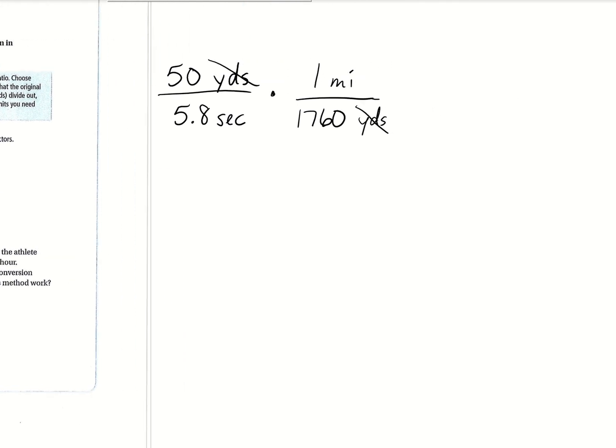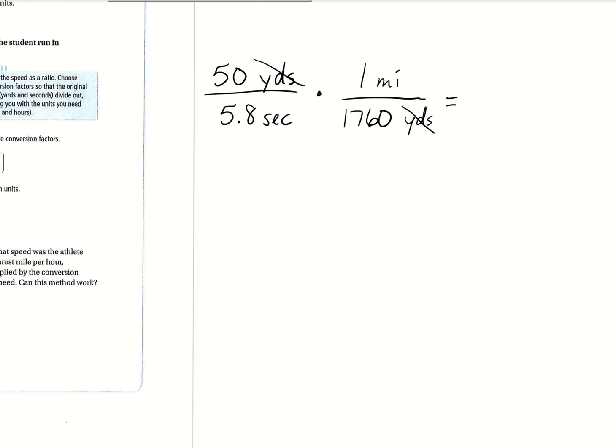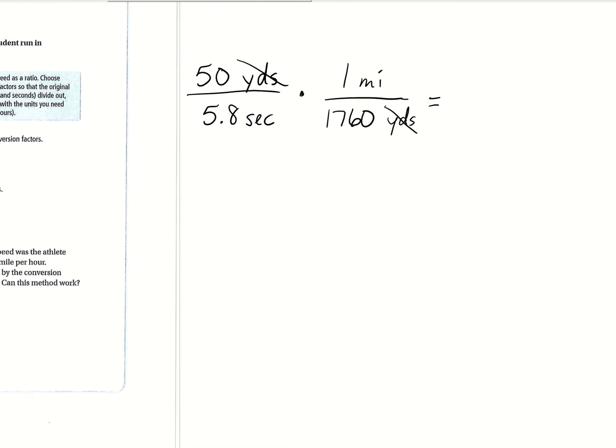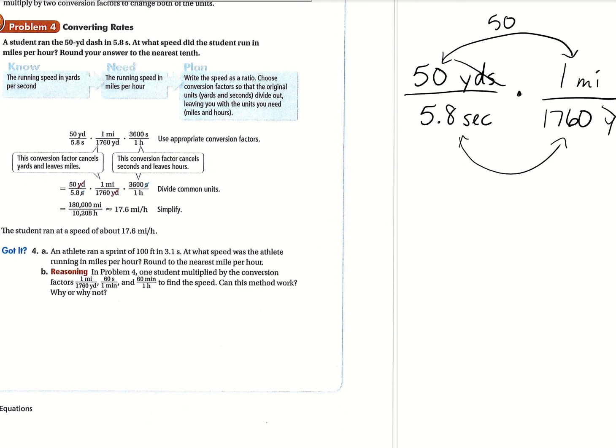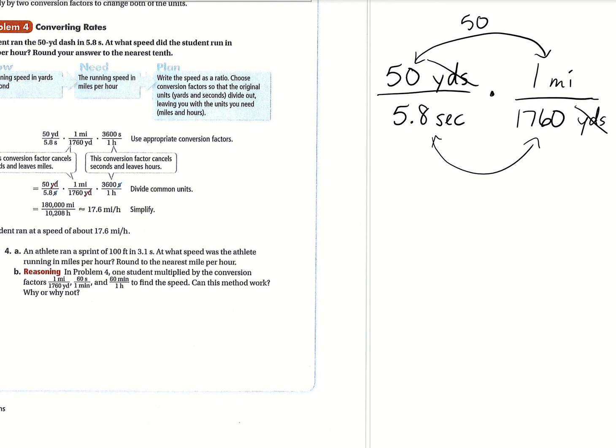All right. So then you can go ahead and do that conversion. You're going to have 50 because of 50 times 1 here. And then you're going to divide it by 5.8 times 1,760. Which I'm not sure what it is.